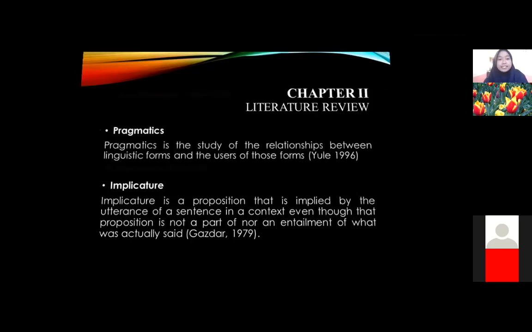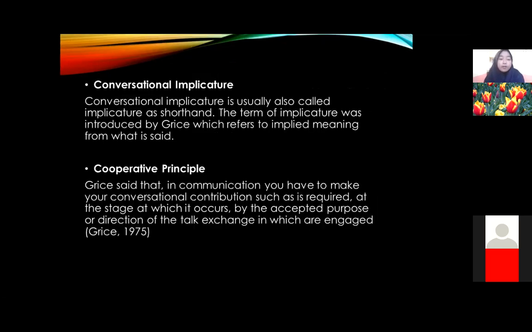Next is conversational implicature. Conversational implicature is usually also called implicature as shorthand. In Levinson's book titled Pragmatics, Grice distinguished conversational implicature into two types: generalized conversational implicature and particularized conversational implicature.